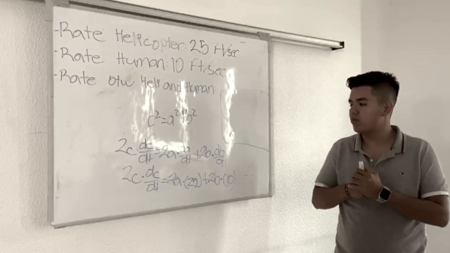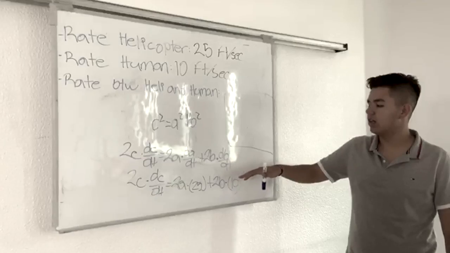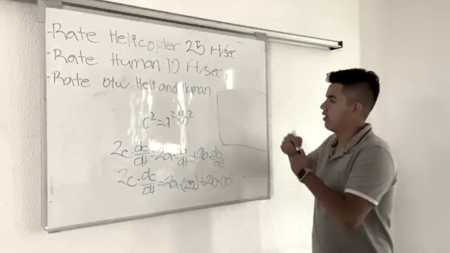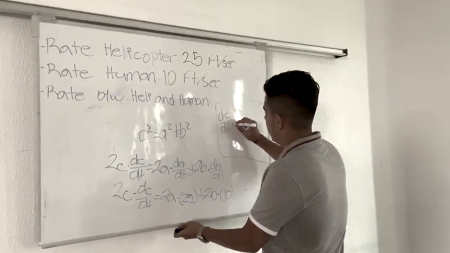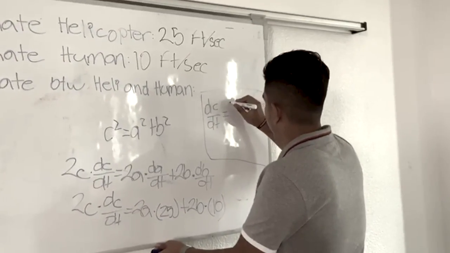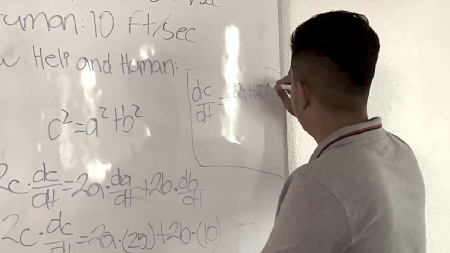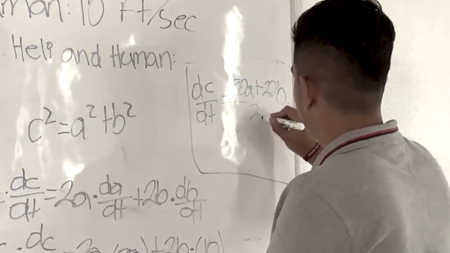We need to multiply 25 times 2a and 2b times 10 and isolate dc over dt. dc over dt equals 50a plus 20b over 2c.